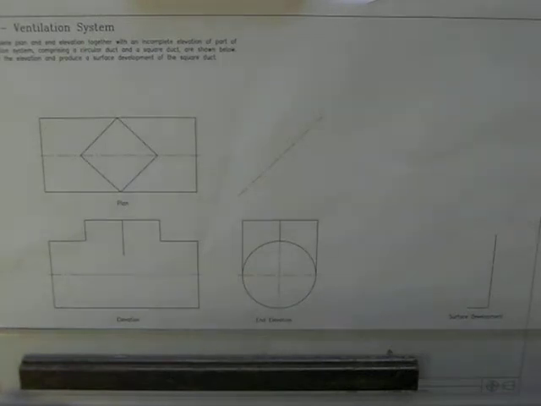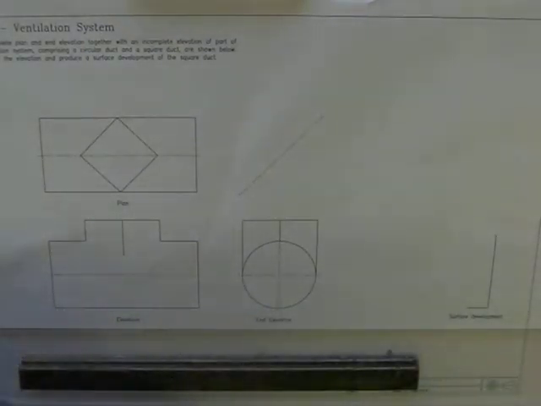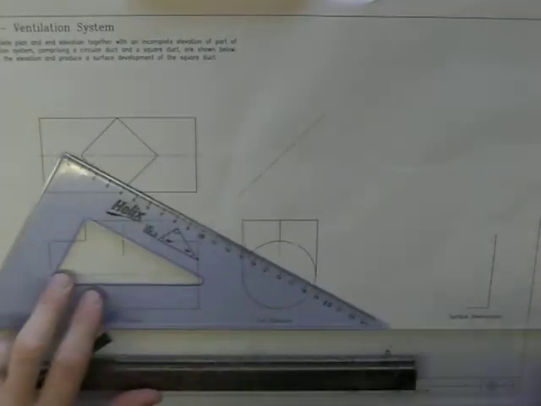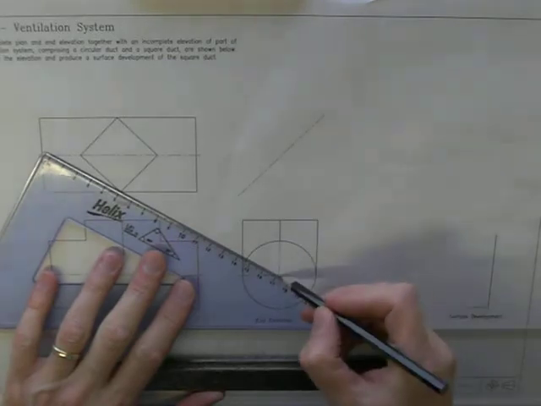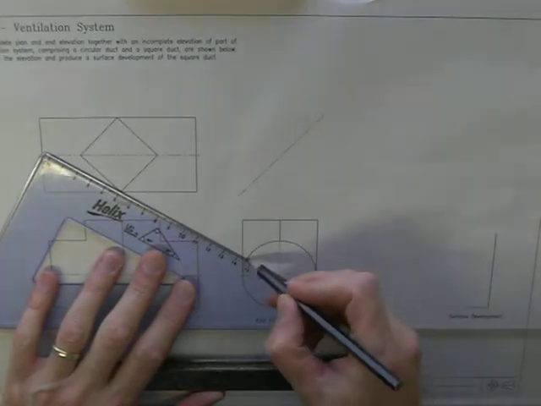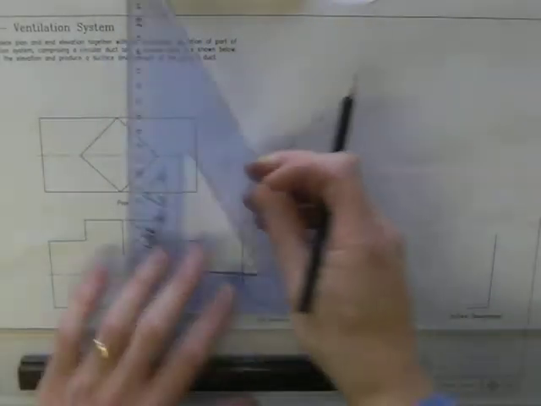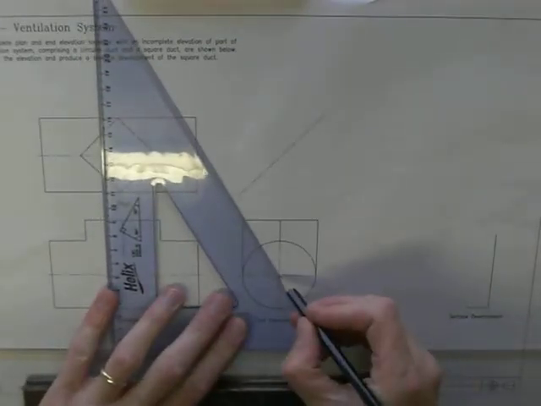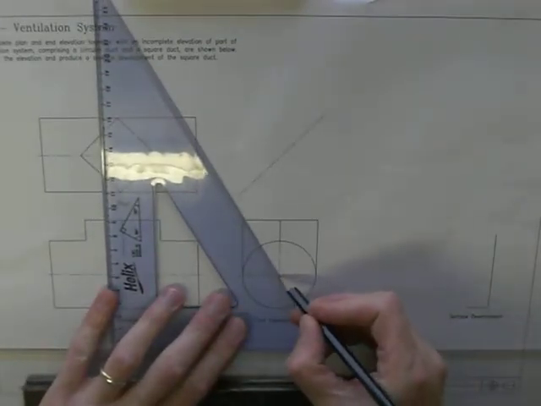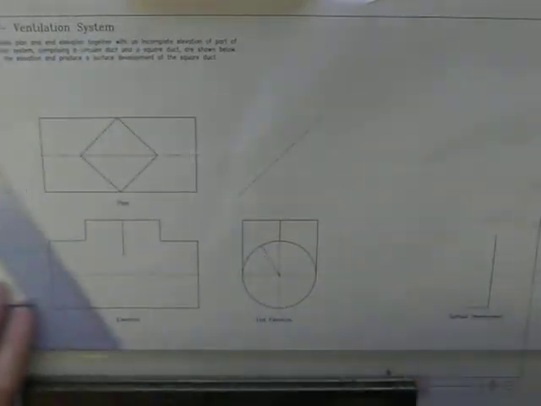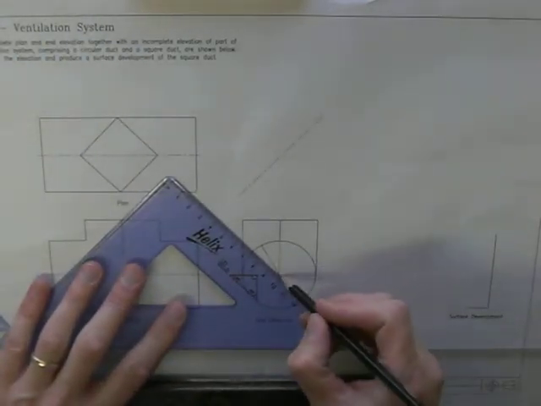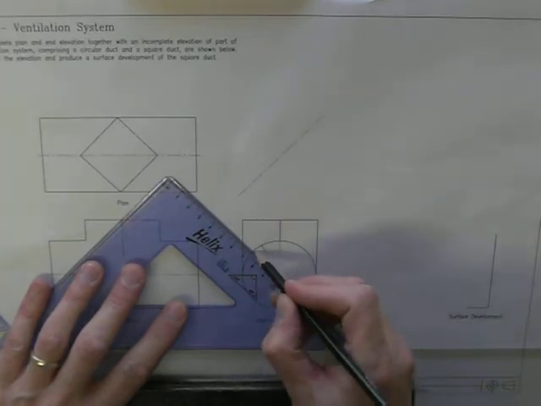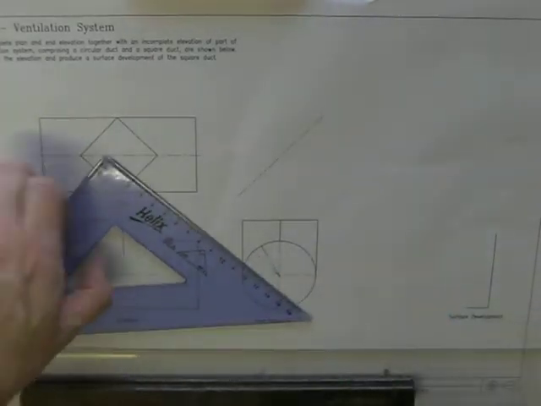So we'll start off and we're going to use both set squares for this so we can get as many points as we can. So I'm going to take one line there, that's the 30 degree, and then I'll do the 60 degree there, and then I'm going to use the 45 set square and create another point there.